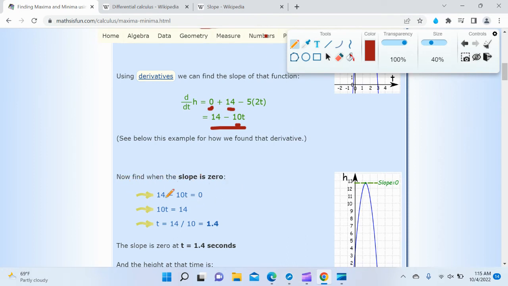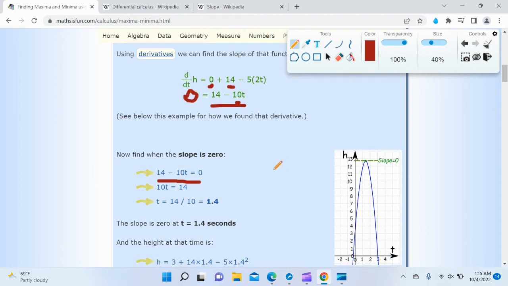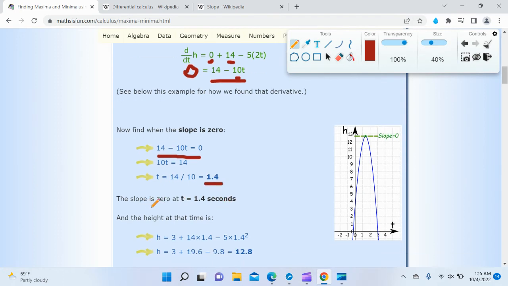So suppose I am taking this slope value as 0. So we will take 0 as the equation, and we can calculate t. t is equal to 1.4. So the slope is 0 at t equal to 1.4.